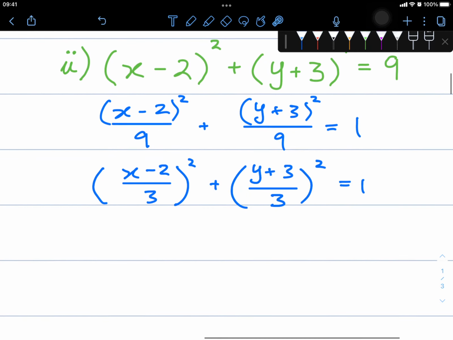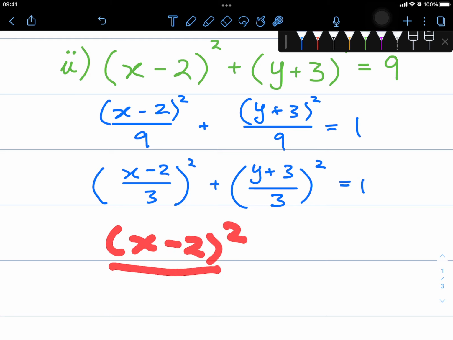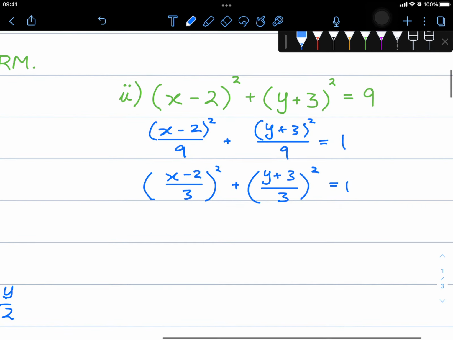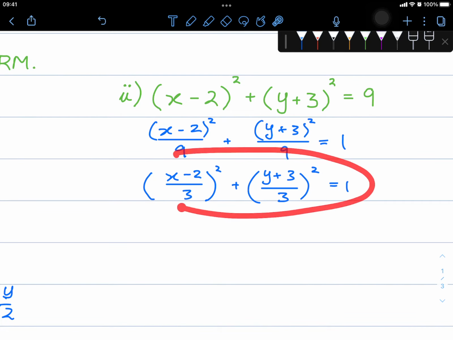In case you're confused as to what's happening here, I'm just reversing what happens when we expand indices. So this goes to the numerator. It'll become x minus 2 all squared, and this will become 9. I'm just simply reversing that process. And now we have this in unit circle form because it's a radius of 1.